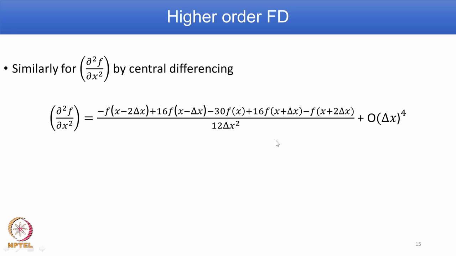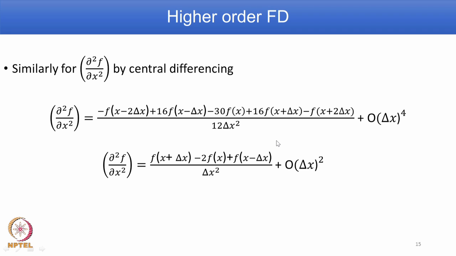If you compare this with the original expression that we obtained by the second order accurate scheme, you observe that the second order accurate scheme has the point of interest and one node on the left and one node on the right. To get the fourth order accurate scheme, we have in addition 2 more nodes, one extra on the left and one extra on the right. So, by considering additional points, one is able to obtain higher order.